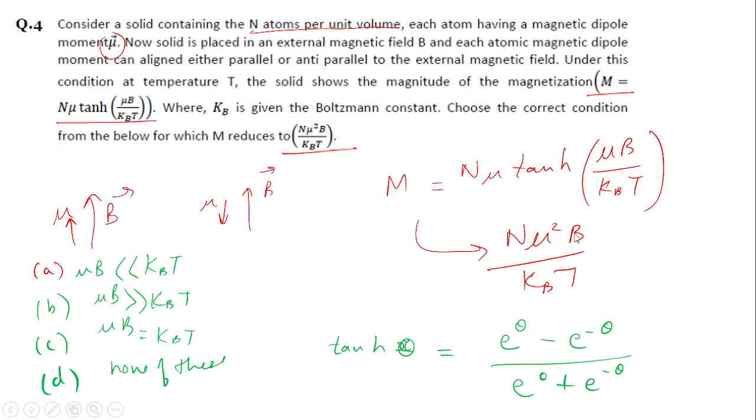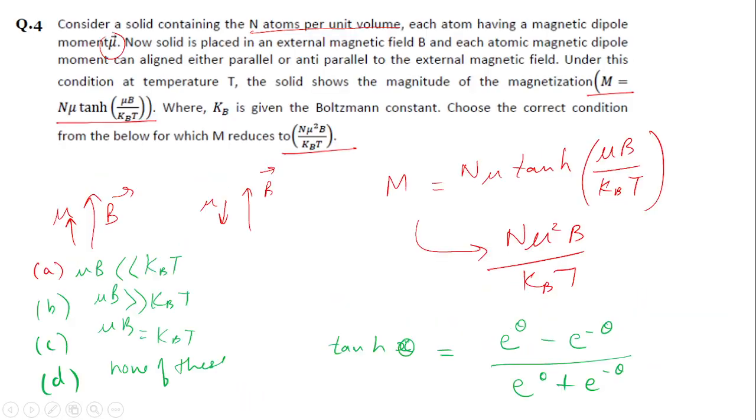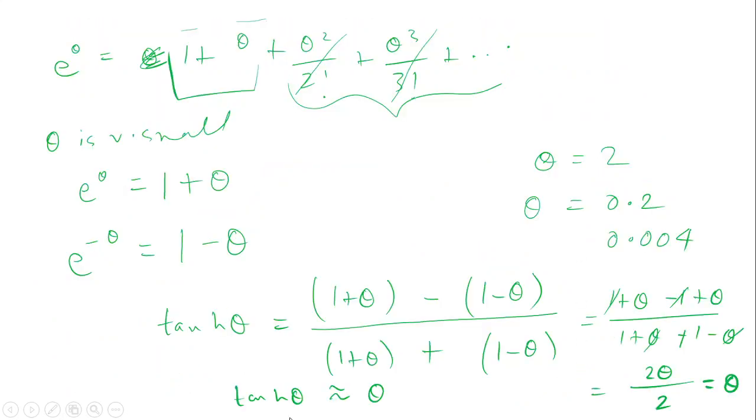Now coming back to our question, our theta is mu B by k_B T. So all this, how we started by considering that theta is very small, and here our theta is mu B by k_B T. Now the actual solution for the question starts: if theta is very small, that is if mu B by k_B T is very small, that means smaller than 1, then this tanh theta will be directly theta, right? That's what we saw here.